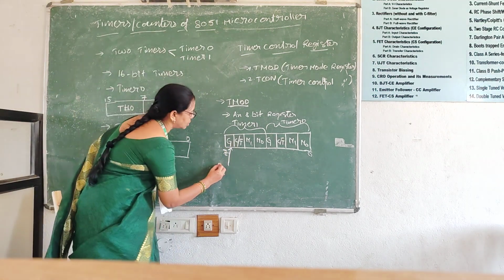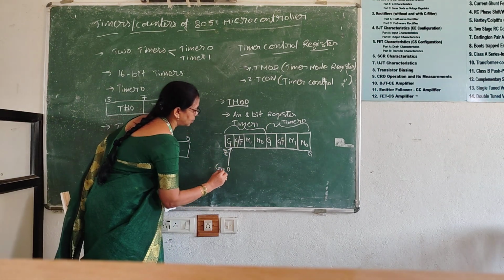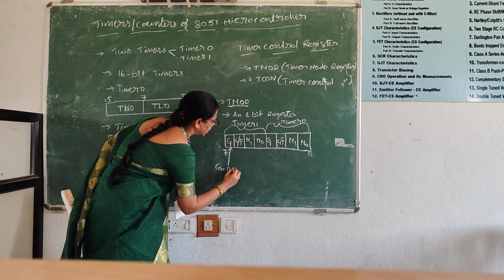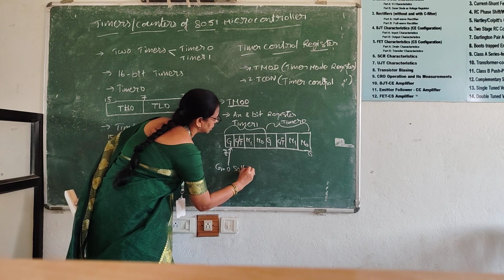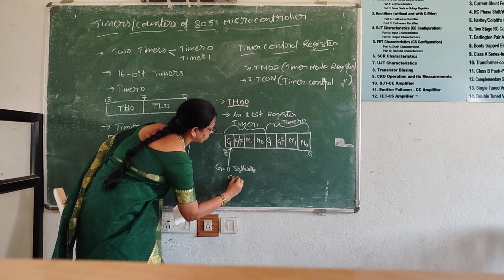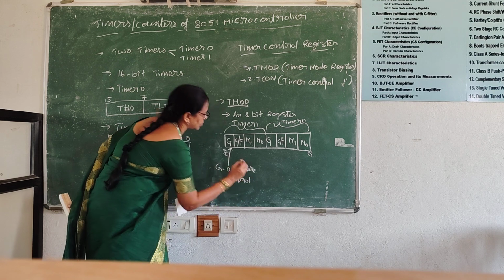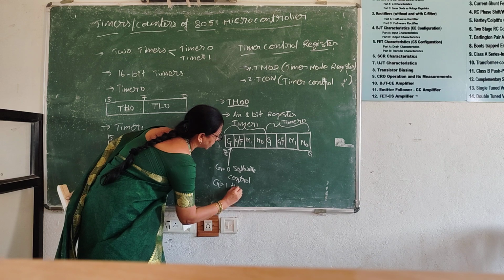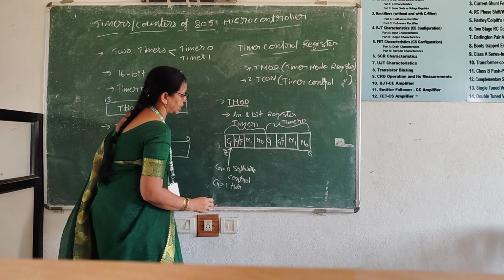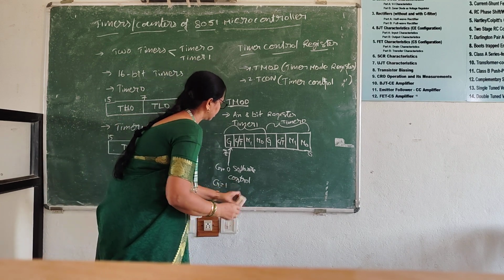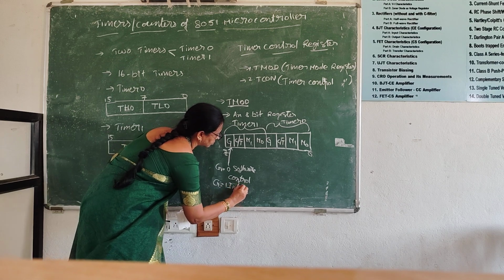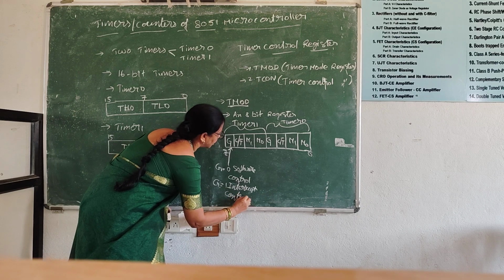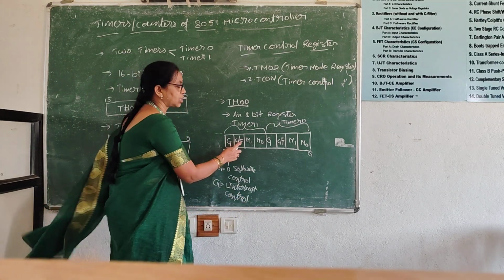Gate: suppose the gate signal is 0, it defines software control. If gate is equal to 1, it is hardware control, that is interrupt control.